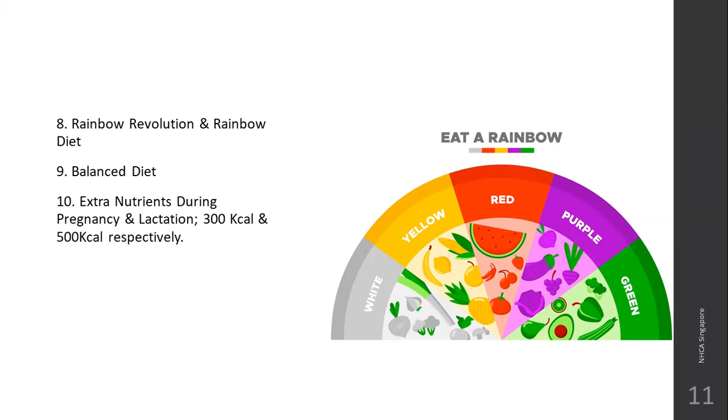Here you can see different colors of fruits and vegetables can also be put into the rainbow color. So tubers, vegetables, carrot, yellow and red will have all the fruits and vegetables rich in beta carotenoids.